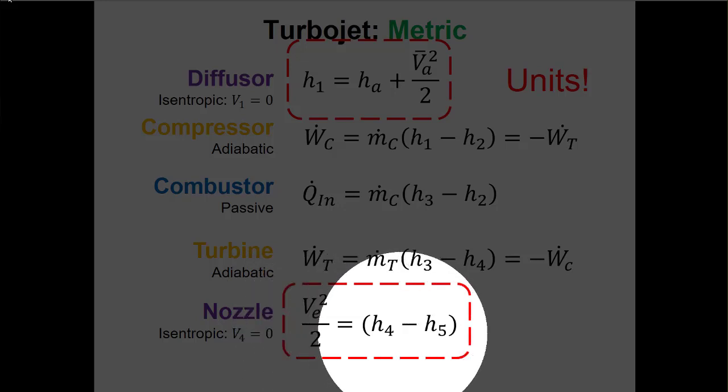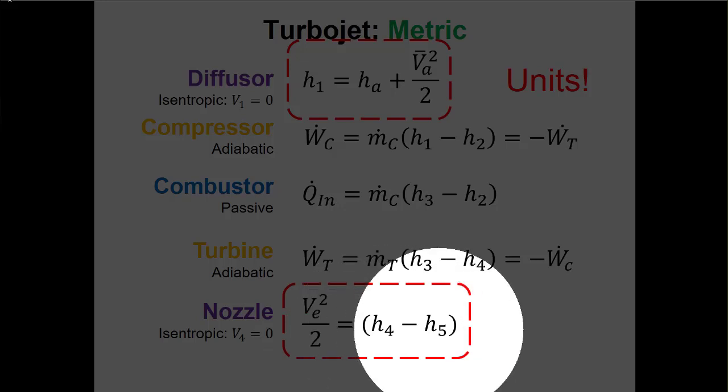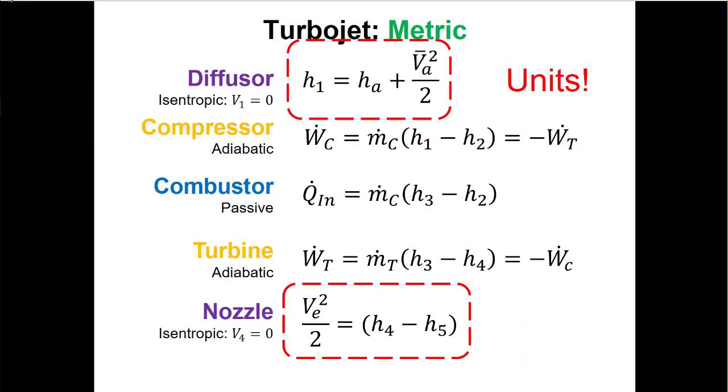And the kinetic energy that you get, you'll find as the difference in the enthalpies between the inlet, which is state 4, and the outlet, which is state 5. Inside the Brayton cycle, power terms are still going to be m dot times h in minus h out. Heat transfer terms are still going to be m dot times h out minus h in, again, provided we can make those same assumptions that we usually make.